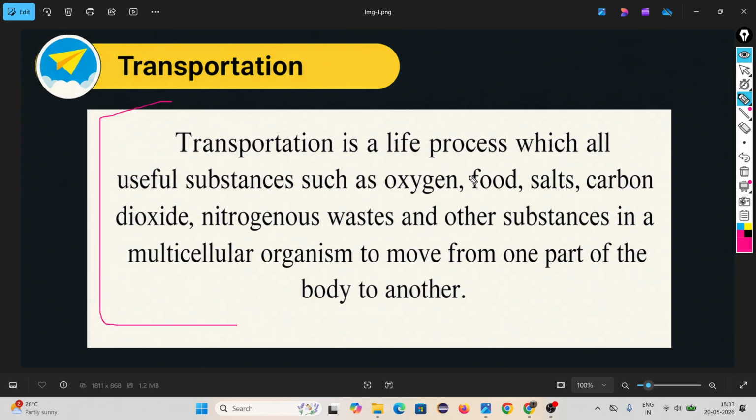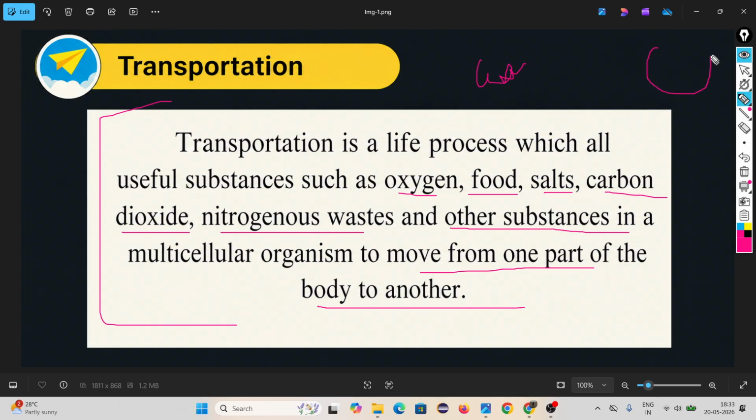Transportation is nothing but a life process. Its function is carrying oxygen, food, salt, carbon dioxide, nitrogenous waste, and other substances from one part of the body to another part. For example, our digestion is completing in the small intestine. From the small intestine to every cell, this food should reach. How is it reached?